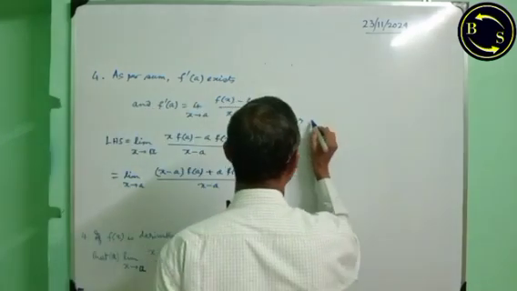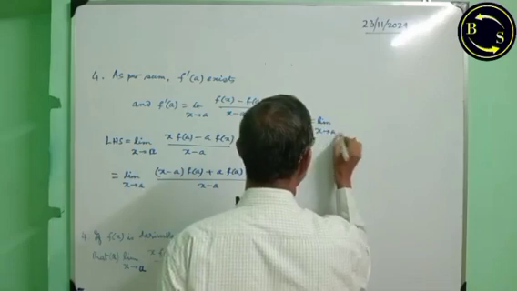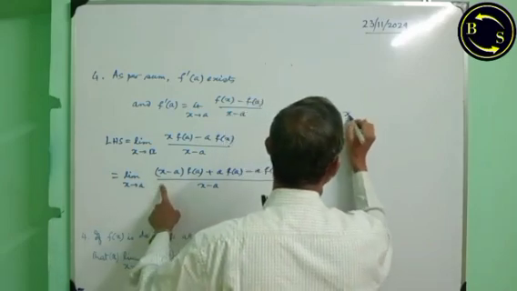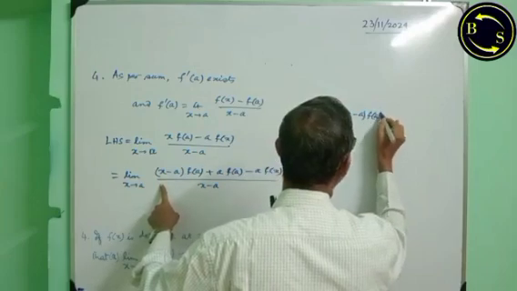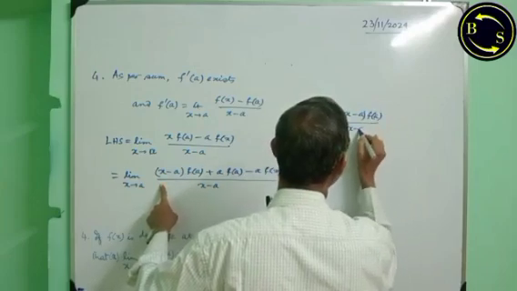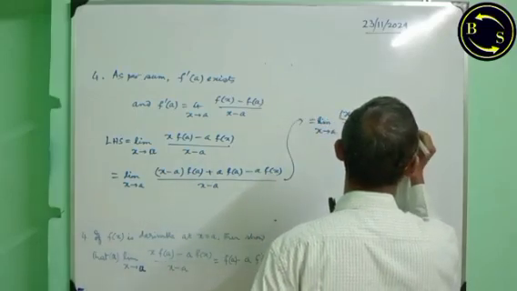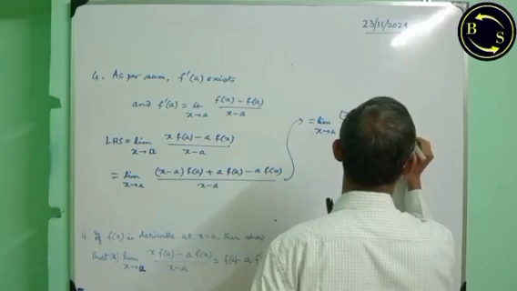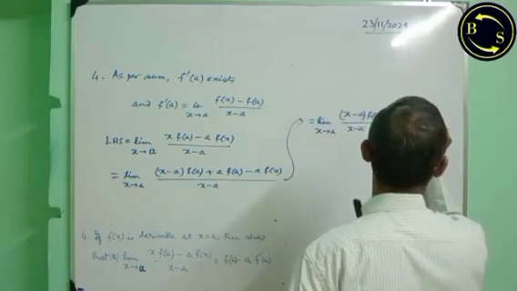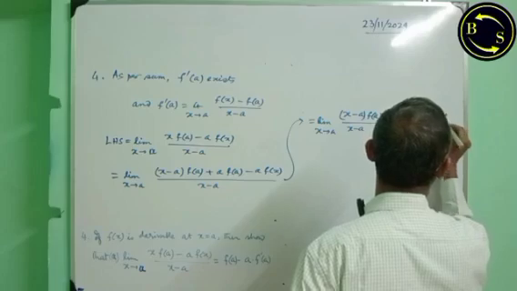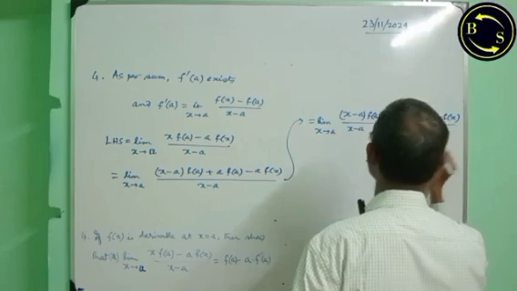Now I write here limit x tends to a of (x minus a) whole into f a by (x minus a), plus here a is a common factor, (f a minus f x) by (x minus a).